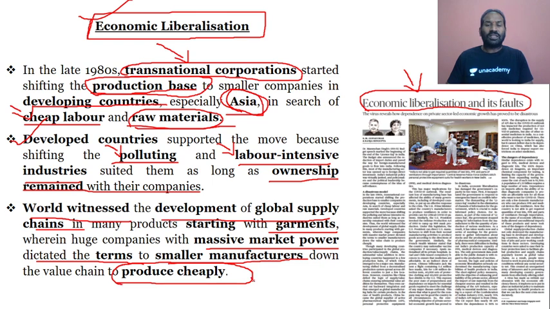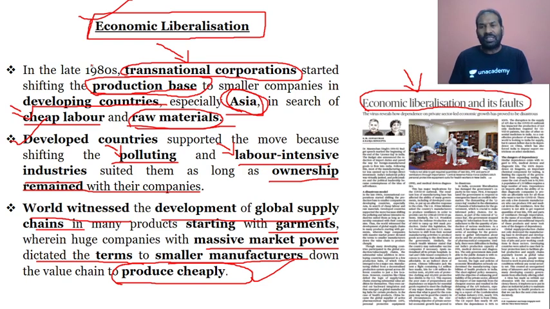The production came up very cheaply, but the finished goods were sent back to the developed countries. So there was definitely economic liberalization, and because of it, the underdeveloped and developing countries started having more employment and revenue generation, incomes and savings. But at the same time, they were almost exploited.